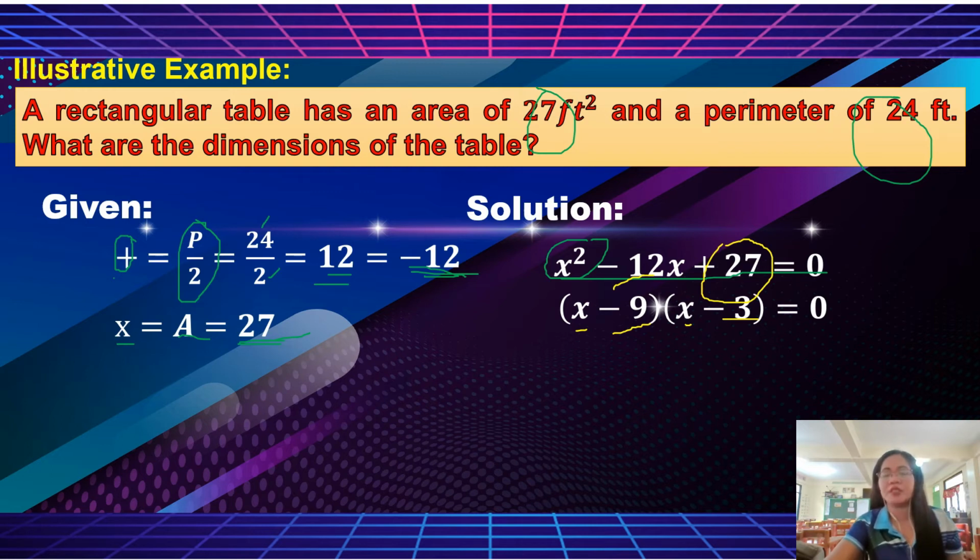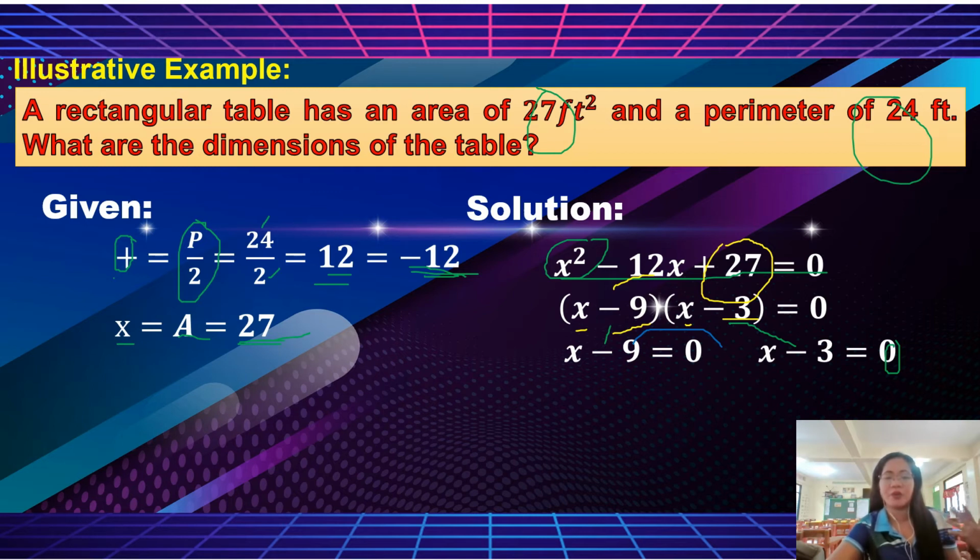Afterwards, we are going to separate the two factors by using the zero product property. Separate and equate it to 0. Mao ni siya si x minus 9. And also, we also have x minus 3 equated to 0. Then afterwards, we're going to transpose negative 9 to the right side.